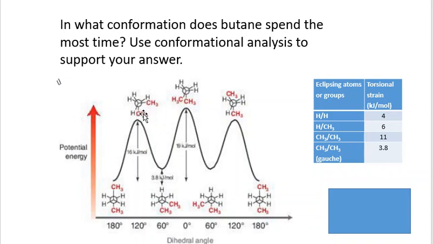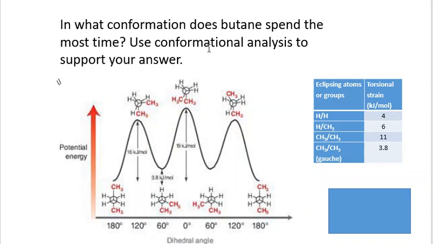So 6 plus 4 is the 16 down here. Okay, so that's how we get these numbers. This one's higher because we have the methyls eclipsing, so that's 11. And then we have 2 hydrogens, each of those is 4. So 11 plus 4 is 15, plus another 4 is 19, so that's 19 kilojoules per mole.